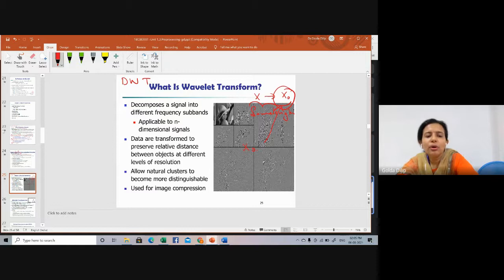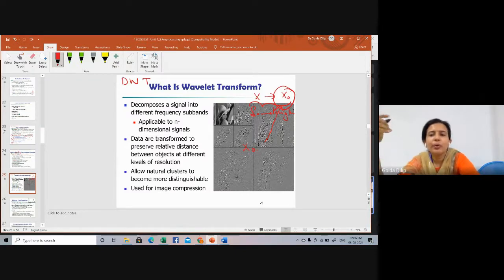You can retain a certain fraction of the data which has the stronger wavelet coefficients. You can order them on the basis of the significance of the coefficients, and the strongest wavelet coefficients can be retained, while the remaining can be truncated or eliminated.